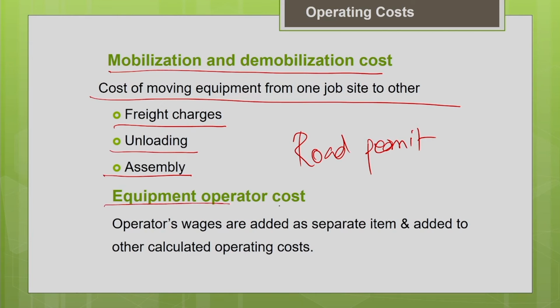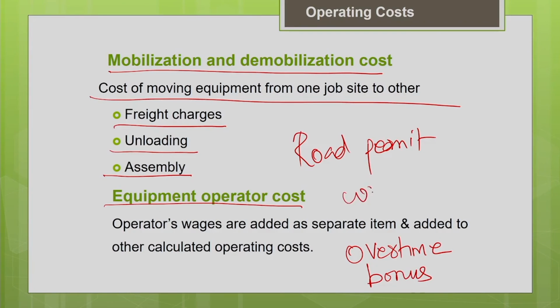Now next is your equipment operator cost. This includes the normal hourly wages of the operator, and you also have to include all the other benefits, for example overtime charges, benefits, and any bonus he gets. Everything should be included under the equipment operator cost.